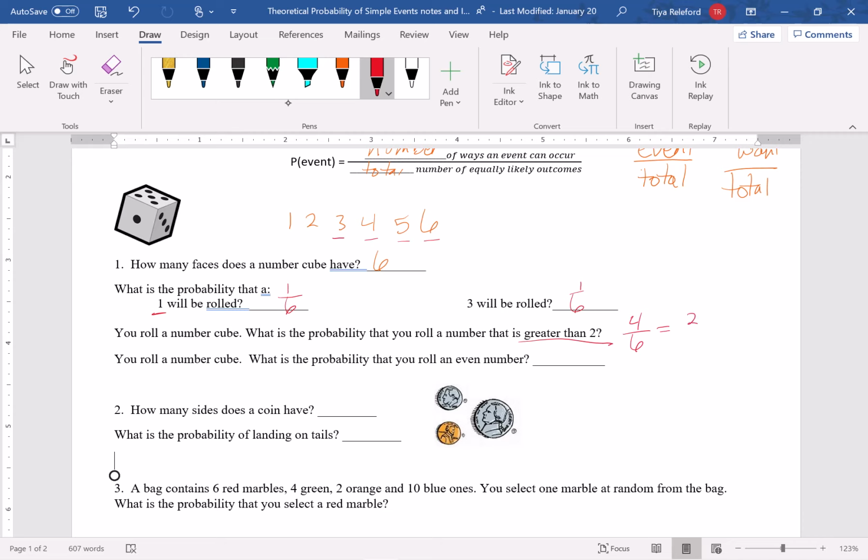Now you can simplify that one to 2/3. And then it says you roll a number cube. What is the probability that you roll an even number? So find all your even numbers. That is 3 even numbers out of 6. Or you can simplify it to 1/2.